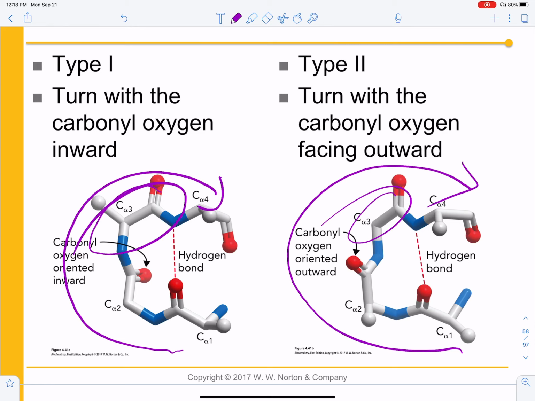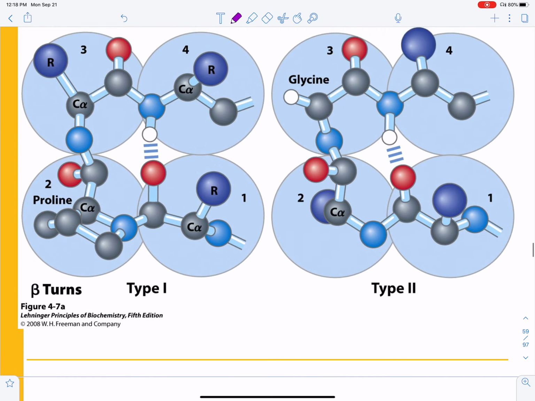Remember, this is an issue. I kind of liken this to an 18-wheeler trying to make a U-turn on a two-lane road, right? It's hard to do because of what? That planar restriction of the peptide bond within the polypeptide chain. So you can't just kind of make that turn easily.